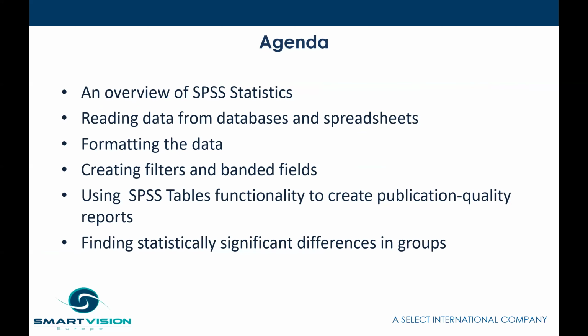So our agenda today is we need to provide an overview of IBM SPSS statistics, just trying to get you an overview of what it looks like and how you work with it.